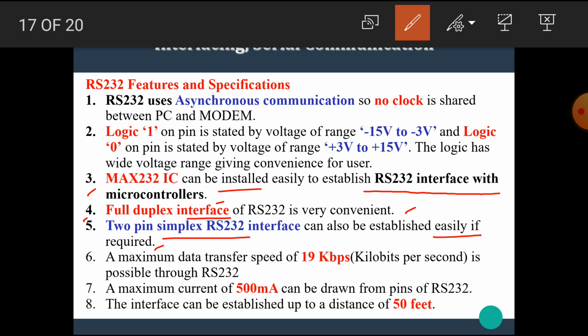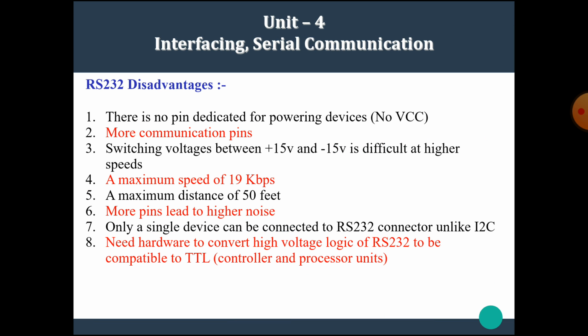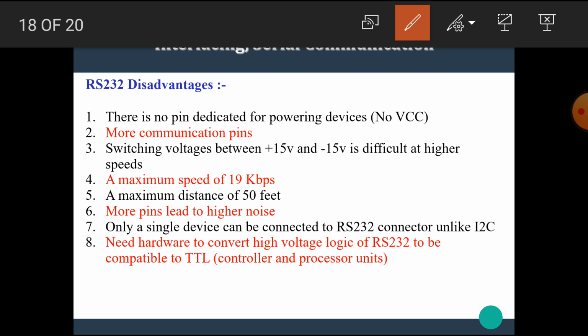The next specification is that a maximum data transfer speed of 19 kbps is possible through RS232. A maximum current of 500 milliampere can be drawn from the pins of RS232, and the last one is that the interface can be established up to a distance of 15 feet. These are the features and specification of the RS232 standard.